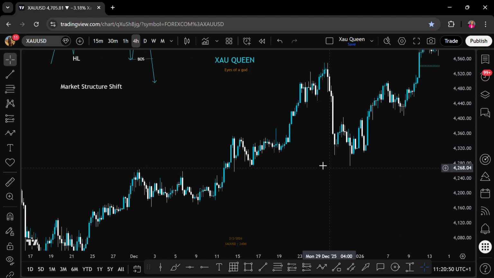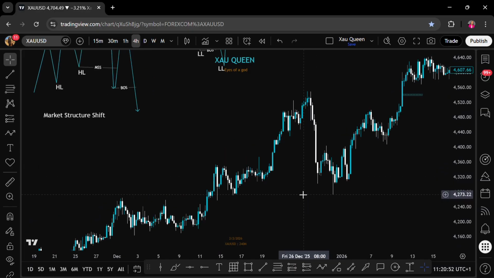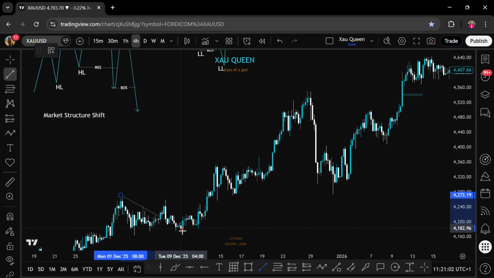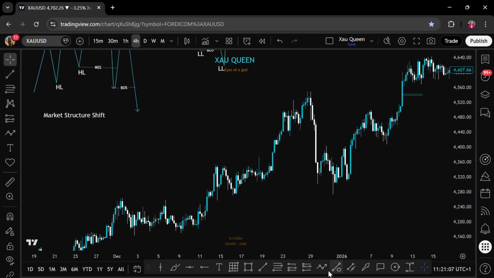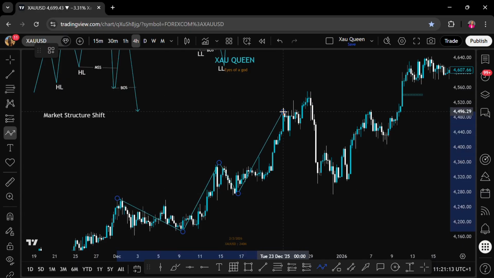I think I'm seeing something like that here. Let's see. I think it will be easier in the 15 minutes. But as you can see from here, this price changed. Like we've been buying up. This is low, high, low, high, low, high, low, high.